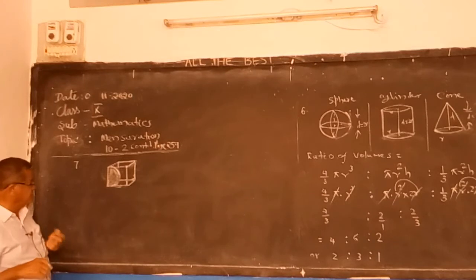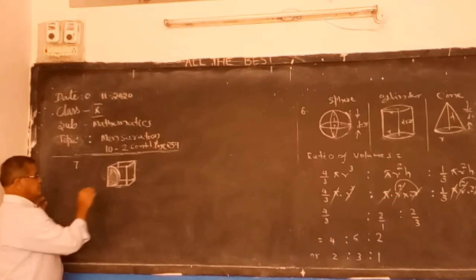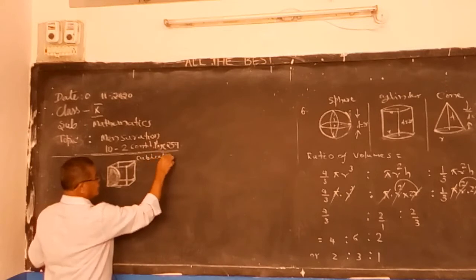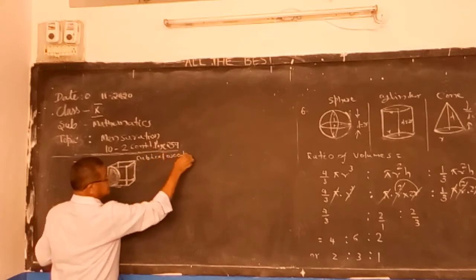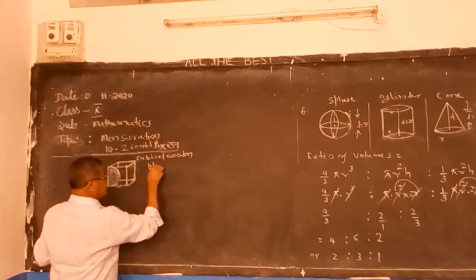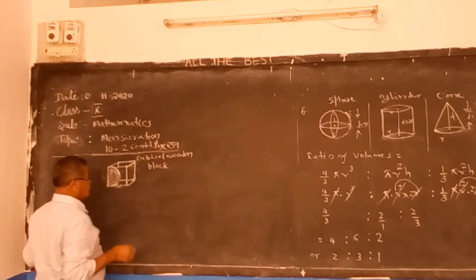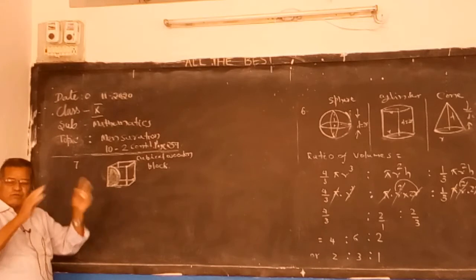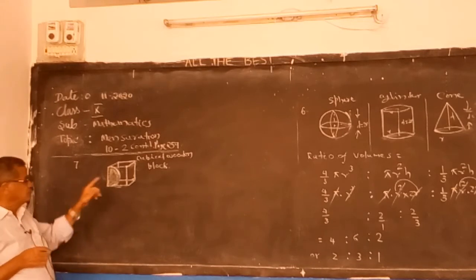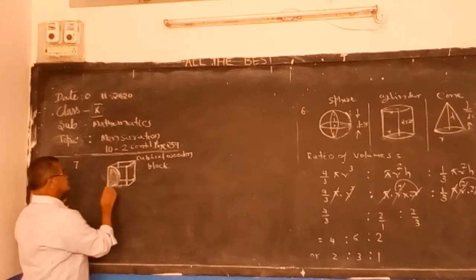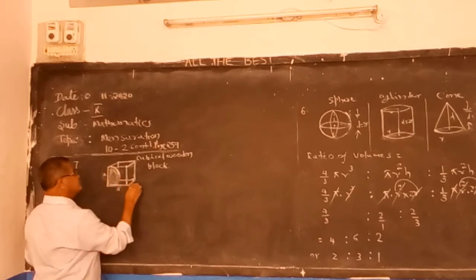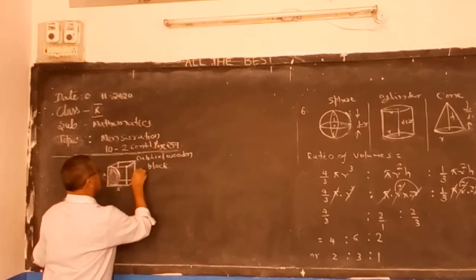The remaining solid is a cubical wooden block. From this wooden block, from one face we removed one hemisphere of the same size. Then the side of the cube is a, so the diameter is a.